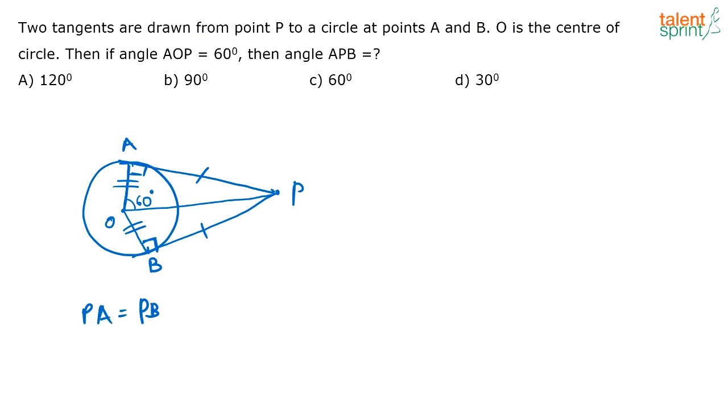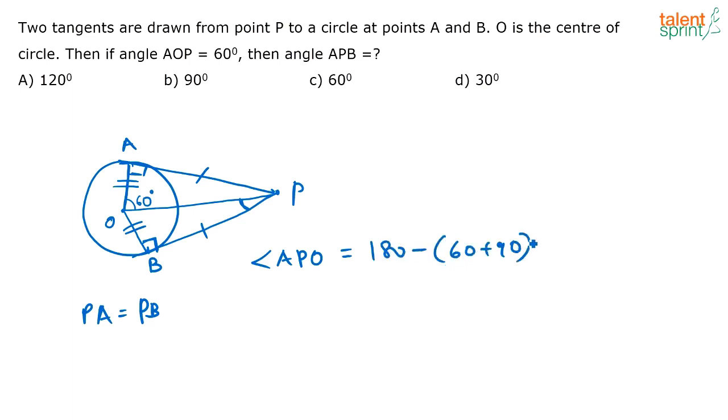Now what is asked in the question? You have to find which angle? You have to find this angle, correct? So what is this angle going to be? See, angle APO, right? Now you know this triangle, so for angle APO, this is 60, this is 90, means this is going to be 180 minus (60 plus 90), correct?